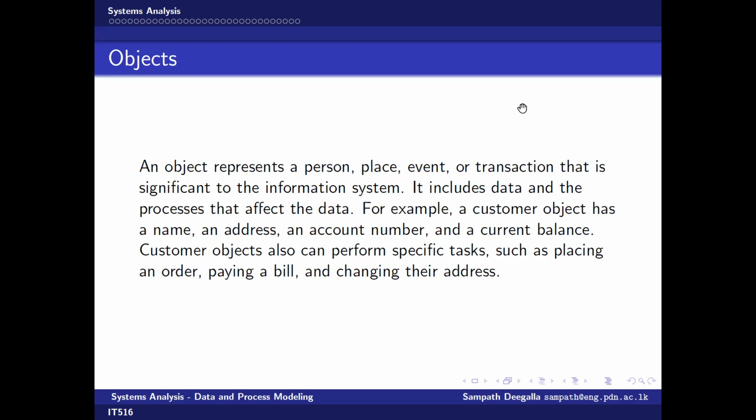Object orientation can include data as well as processes. When you take a customer, for example, you can have name, address, account number, and current balance. Not only that, there will be some specific tasks the customer can perform, like placing an order, paying a bill, changing addresses, and so on.